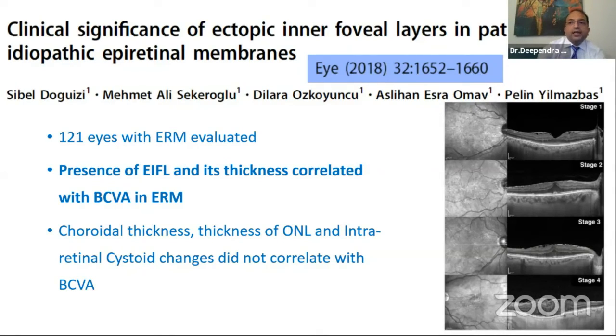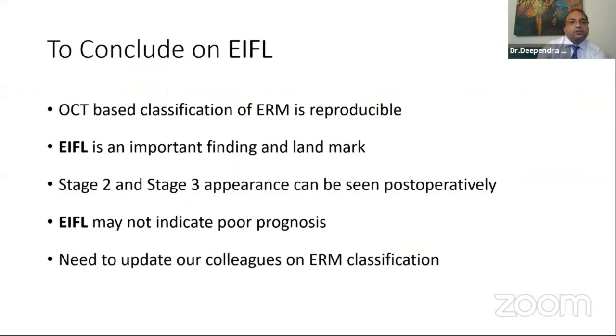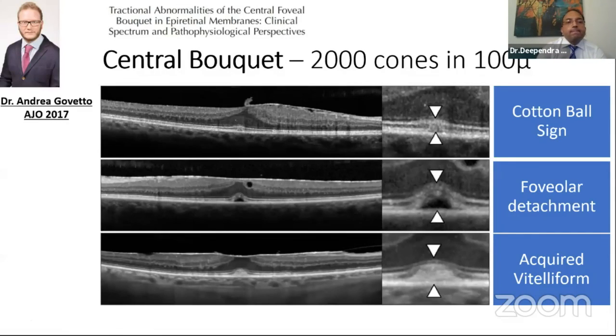You operate a stage 4 case, you can convert it into 3 or 2, and these patients get a visual benefit. So to conclude, EIFL itself may not indicate poor prognosis, but it's a very landmark and important finding. And this classification is very useful, and we are getting a lot of reports highlighting use of this classification.